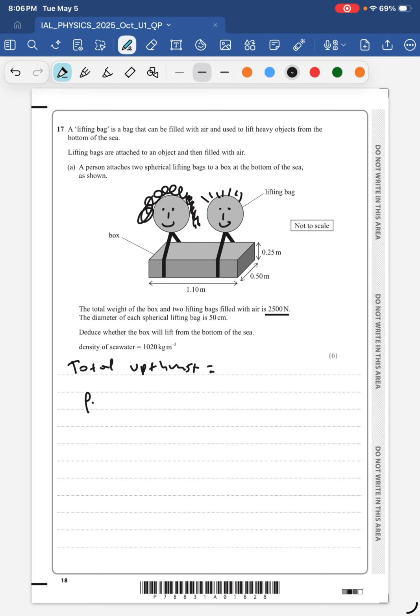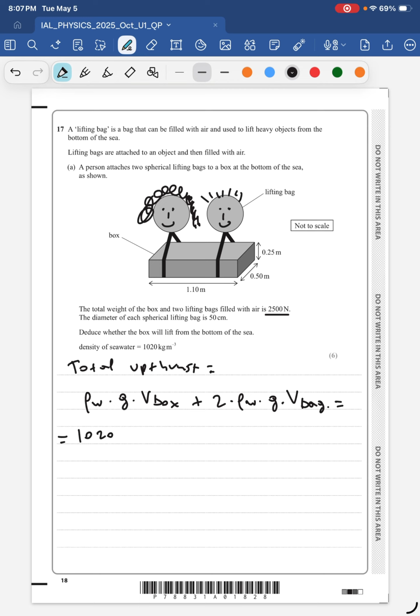So the upthrust is going to be the density of the water, because the displaced volume is in this case the displaced water, times g times the volume of the box. So that's the upthrust of the box, plus 2 times the density of water times g times the volume of the bags. If this doesn't make sense, ask me in the comment section and I will reply.